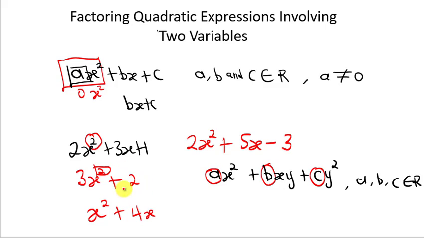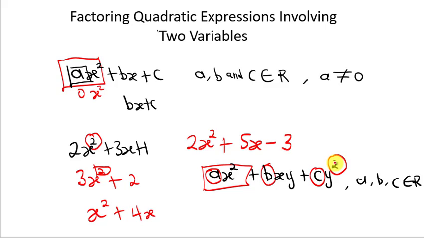In this case, once again, a can be equal to 0. When a is equal to 0, this expression does not cease to be a quadratic expression. The most important thing is the highest exponent of the variable involved, in this case, is 2.